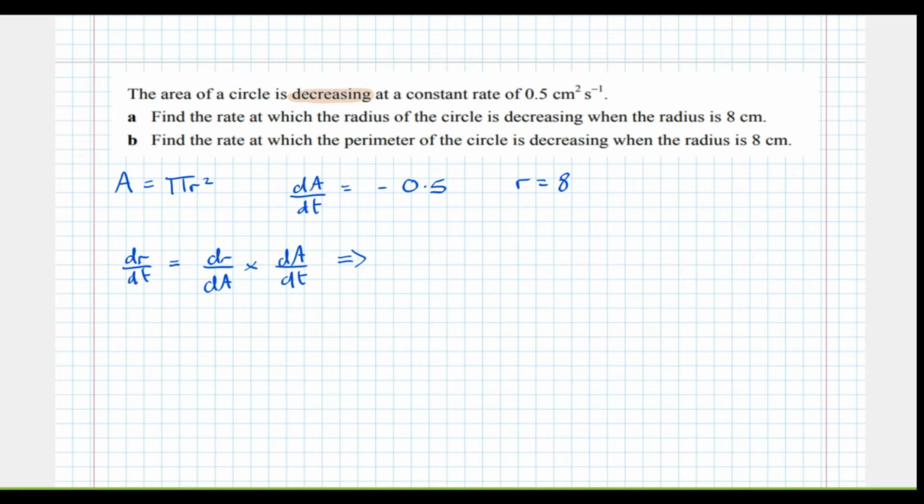So we need dr by dA, but we haven't got r in terms of A. We've got A in terms of r, so what we could do is rearrange that to say r equals, but that would be incredibly wasteful.